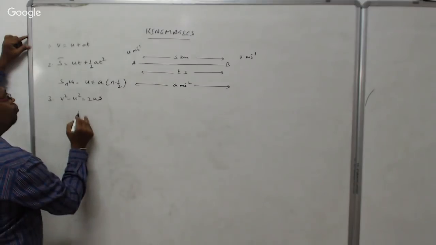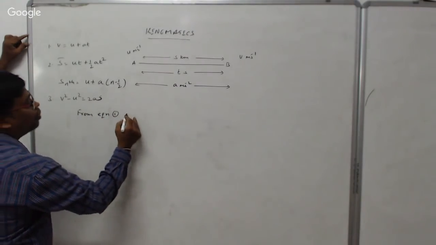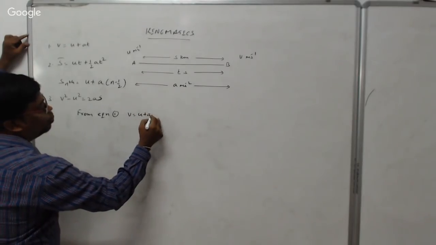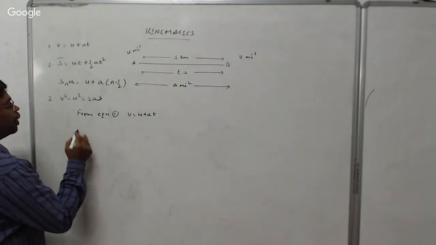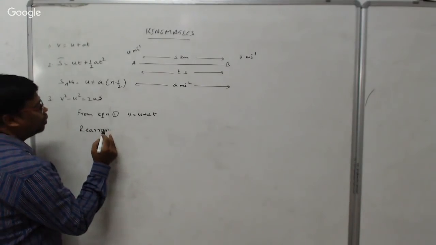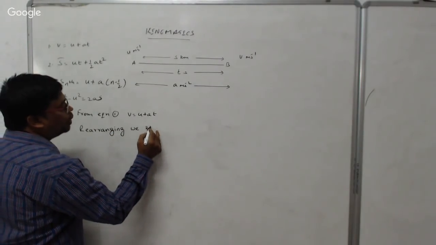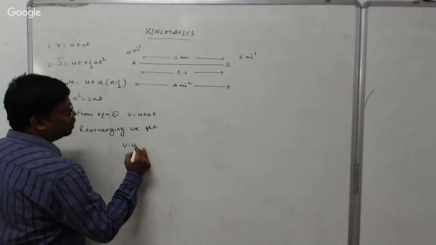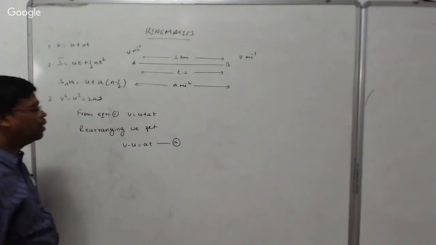See, from equation 1, v is equal to u plus at. Okay. Now, rearranging, we get v minus u is equal to at. This we will write as equation A.